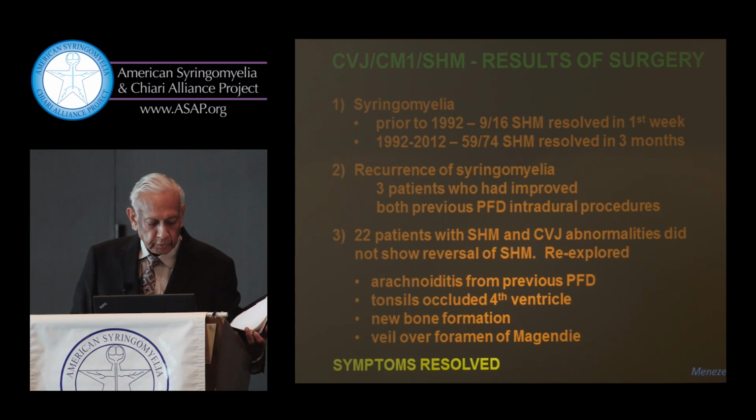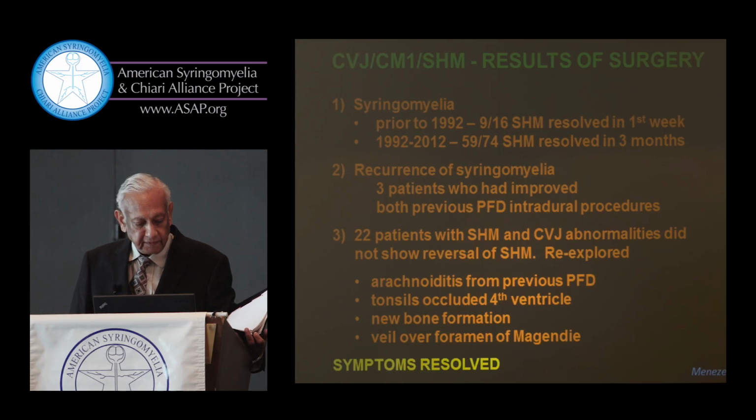Prior to 1992, we had resolution of the syrinx in 9 out of 16 patients. Since 1992, there was resolution in 59 out of 72. In 22 patients, the syrinx did not change and were re-explored.